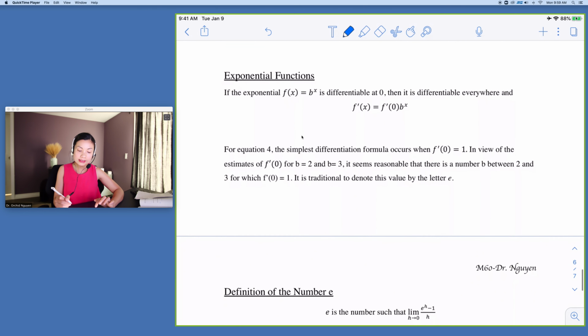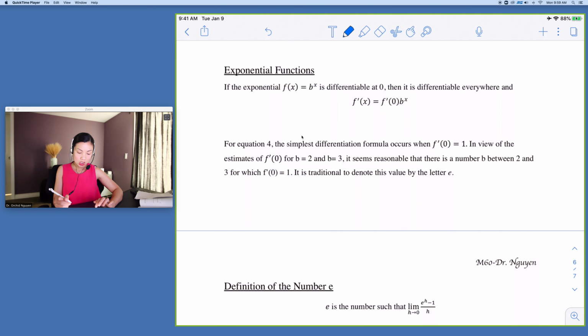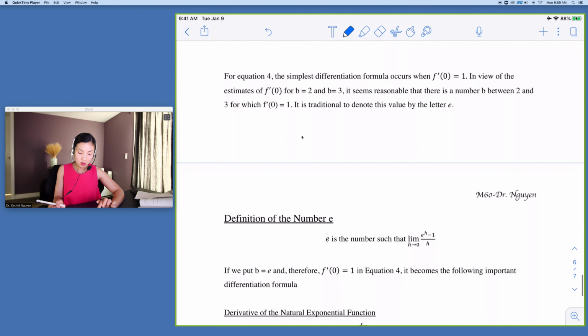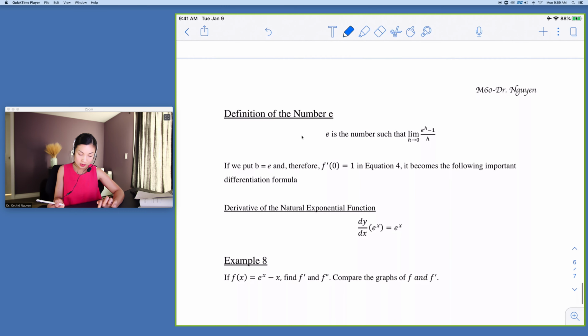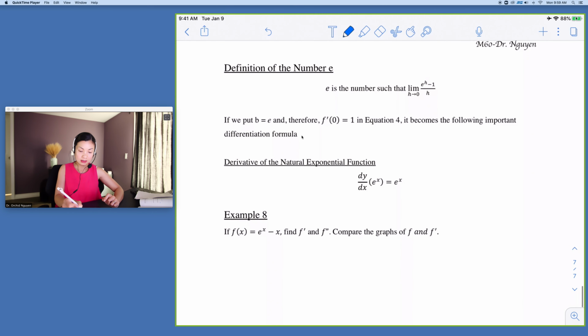Okay, let's talk about exponential function. So you see right here, exponential function is defined as b to the x power. Now, we want to look at the e function as well. So if the base b is e, the derivative of the e function is going to be itself.